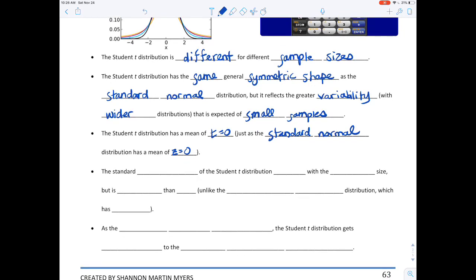The standard deviation of the student t distribution varies with the sample size, but it's always going to be greater than 1, unlike the standard normal distribution, which has sigma equal to 1.